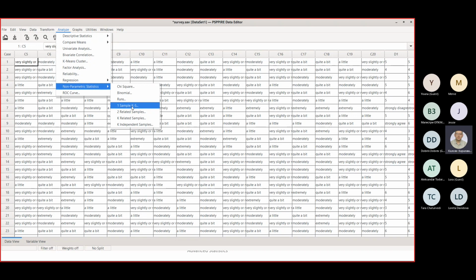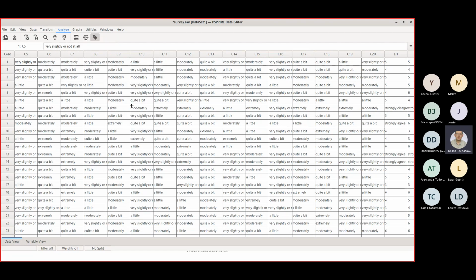K is Kolmogorov, S is Smirnov. So this is a test of Kolmogorov-Smirnov. This test is usually used when we compare empirical distribution with normal distribution. So I will choose this.